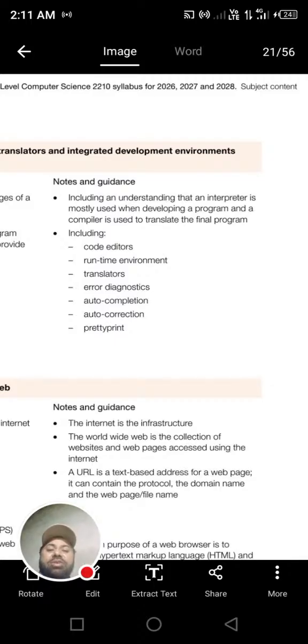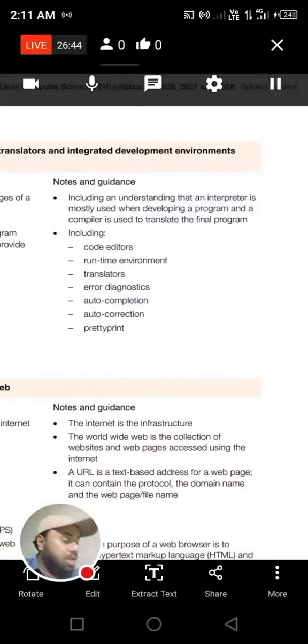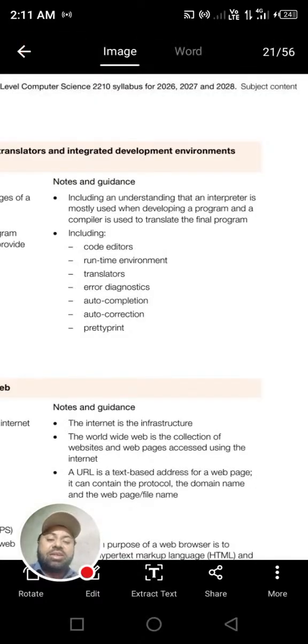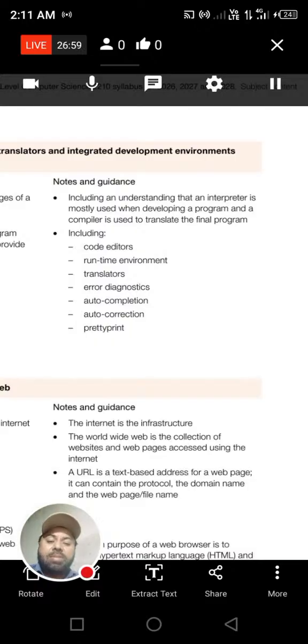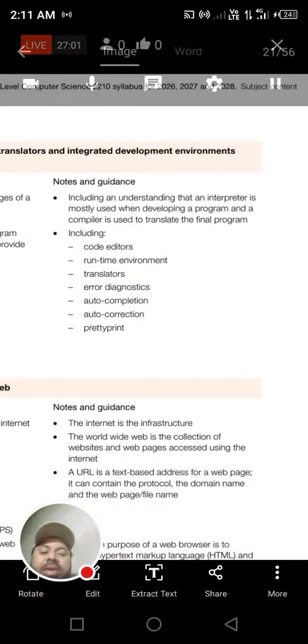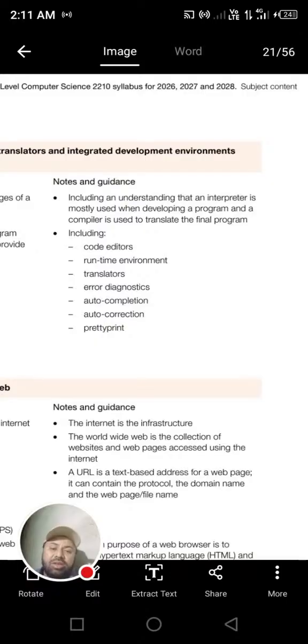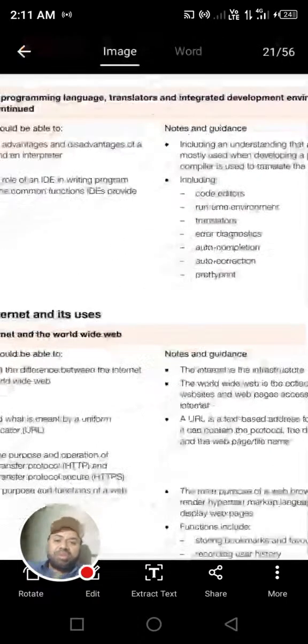An interpreter is used when developing a program, and a compiler is used to translate the final program. Functions include code editors, runtime environment, translators, error diagnostics, auto completion, auto correction, and pretty print. These are the main IDE functions.